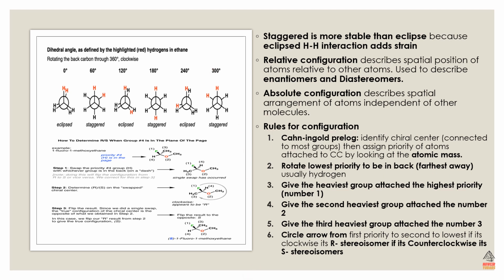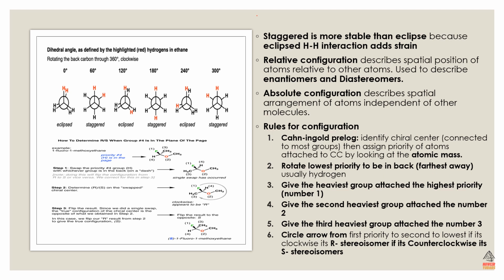So in order to draw it, it's like these dashes, and in most cases the hydrogen is in the back, as it has the lowest atomic mass. So now you're left with three more, and you need to figure out the heaviest group. You attach the number 1 to the highest priority, then the number 2 to the second heaviest, and then the number 3 to the third heaviest.